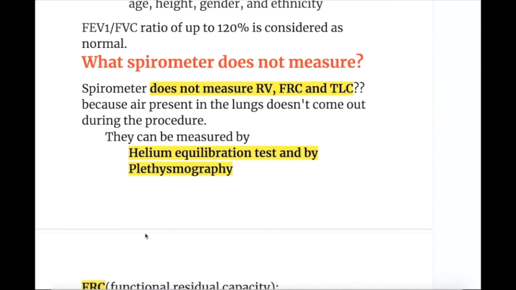What does a spirometer not measure? A spirometer does not measure residual volume, functional residual capacity, and total lung capacity. Why? Because the air present in the lung does not come out during the spirometric procedure. They can be measured by the helium equilibrium test and by plethysmography.